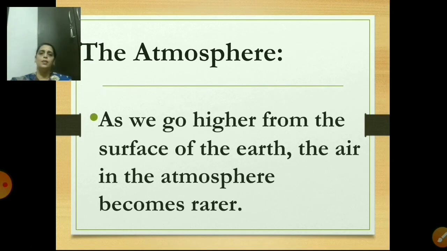Next point. As we go higher from the surface of the Earth, the air in the atmosphere becomes rarer. Students, this means the air in the atmosphere becomes less or thin as we go higher from the surface of the Earth.